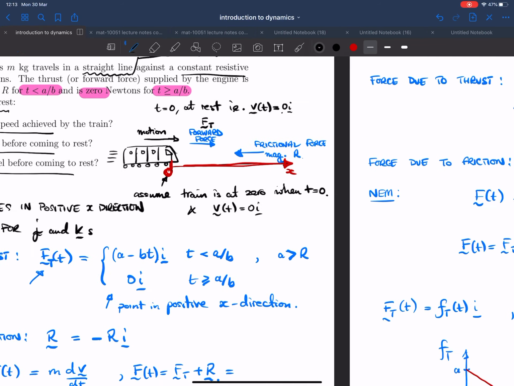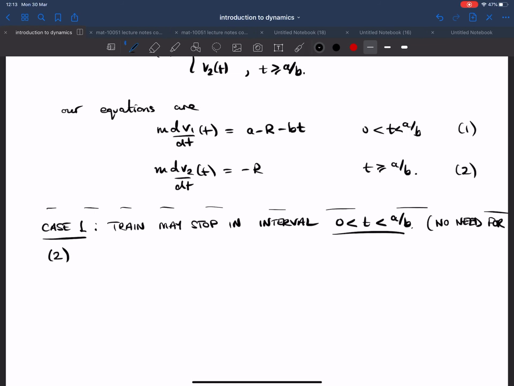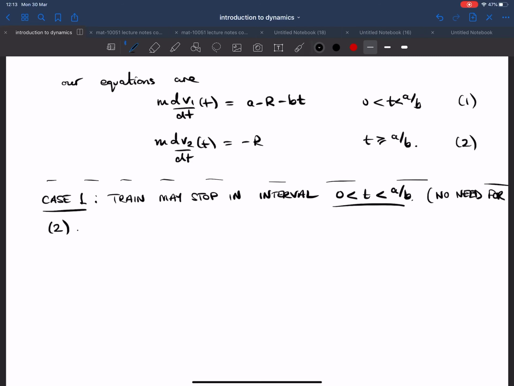Now, what does it mean that the train stops? The train stops when the velocity v1 of t is 0.